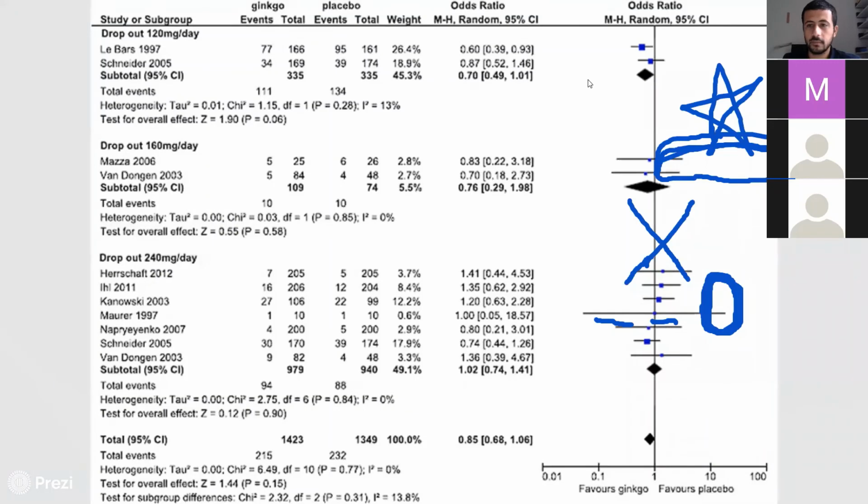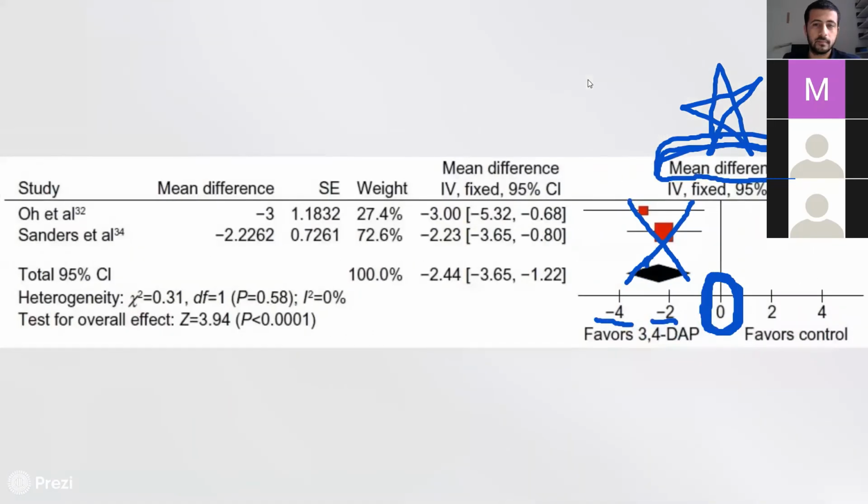Is that enough? Did anybody get it? Okay, odds ratio and mean differences. We are not comparing the risk of something. We are comparing the two groups themselves. Your screen is not clear.